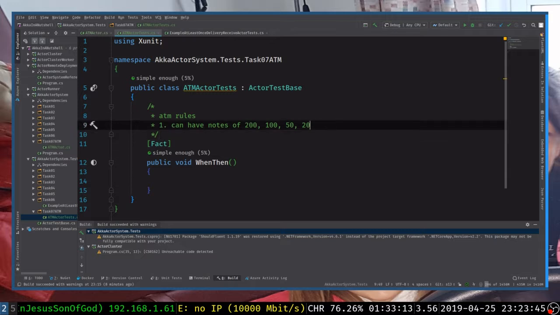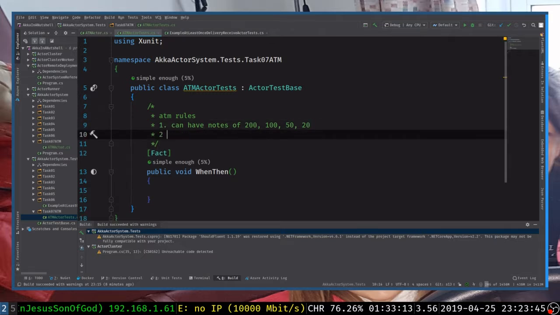Then it can dispense an amount from 40 to, let's say, 1,000.